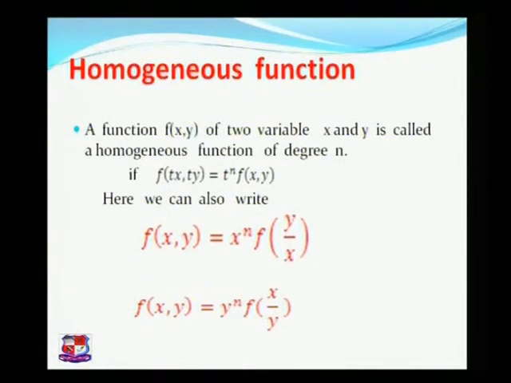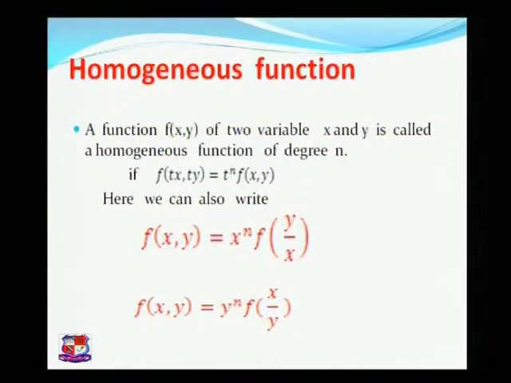Any function f of x, y of two variables x and y is called a homogeneous function of degree n if f of tx, ty is equal to t raised to n times f of x, y. I repeat, if for any function f of x, y, f of tx, ty is equal to t raised to n f of x, y, then this kind of function is known as a homogeneous function of degree n.